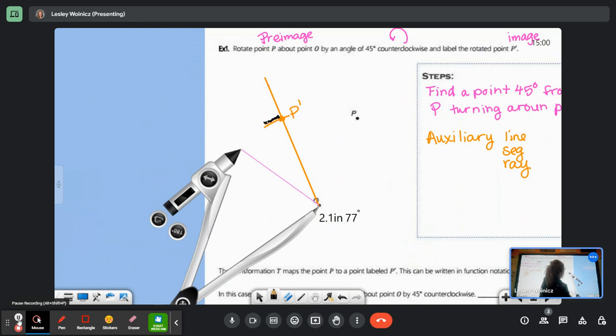That one was the one I couldn't get rid of. Oh my gosh, it can't be killed. Okay, it is what it is. So that's my P prime. It is at a 45-degree angle away from P, rotating about O.